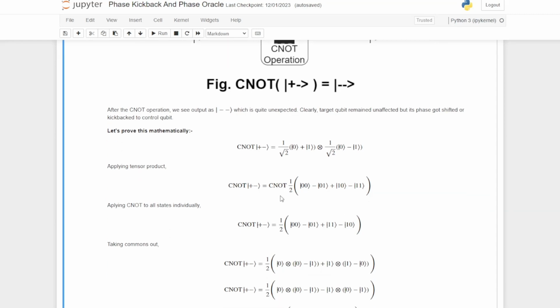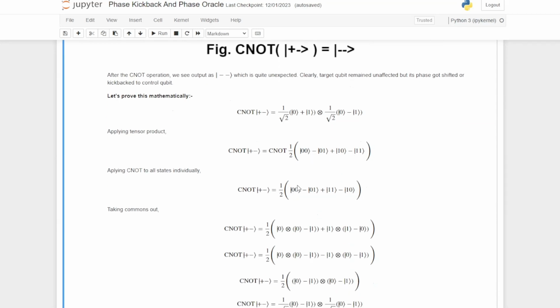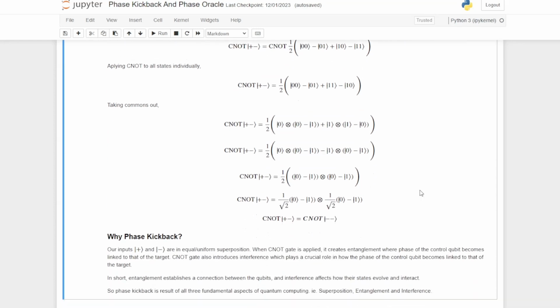The C naught gate will be individually applied to each state which we see here. So applying the C naught gate, this one and this one will remain unaffected, but here the target will be altered. So here 0 became 1 and 1 became 0. Now from these two terms we can take 0 out. From these two terms we can take 1 out and write it like this.